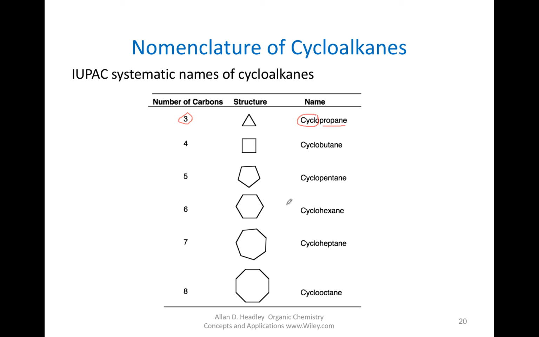So for all of these, it's just a matter of adding cyclo before the name once you have identified how many carbons are in the ring. Make sure you add the cyclo, because if you do not, it's implying that it's a straight chain.